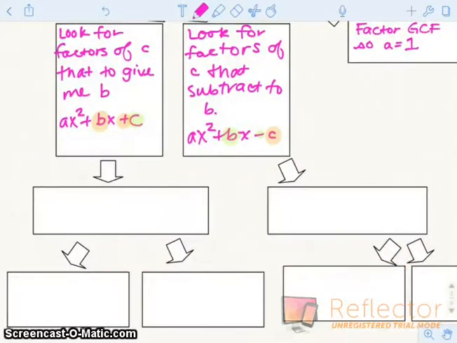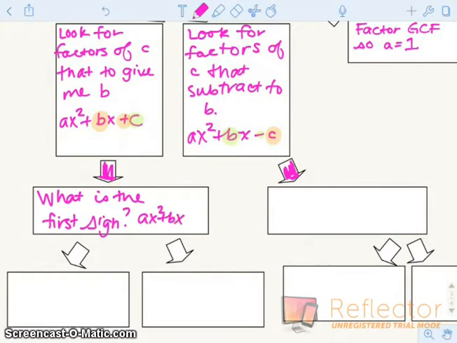So again, I have no choice but to continue on in this path. The question is the same for both of them, so I'm going to write it in one and put it in both. What is the first sign? In my ax squared plus bx plus c, this right here is my first sign.